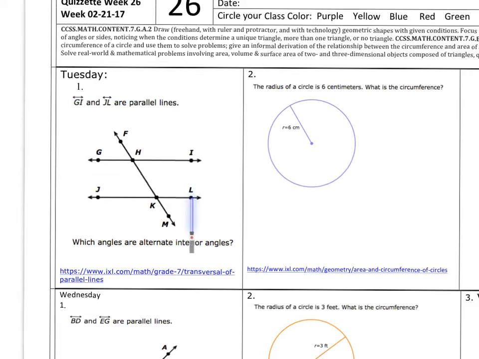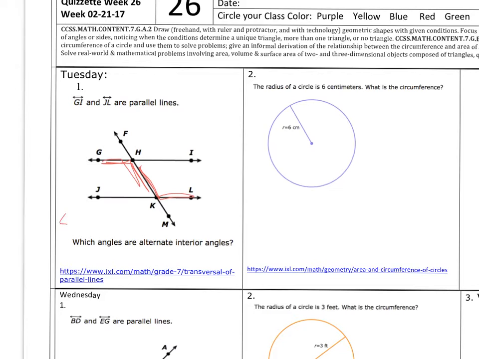So if you look at LKH, the alternate interior angle would be GHK, because this obtuse angle is the same measure as this obtuse angle. So those are alternates of each other.